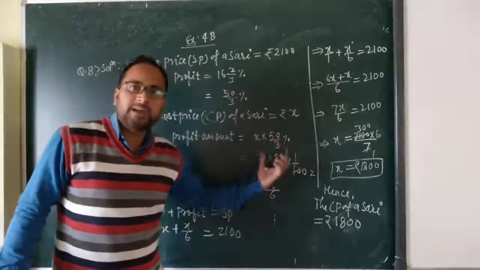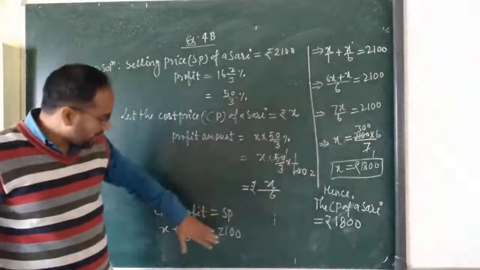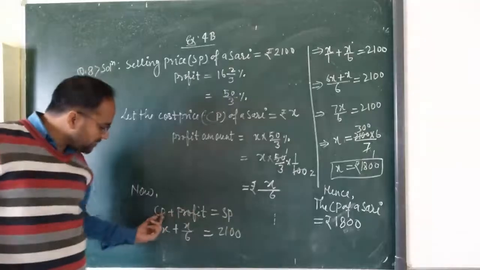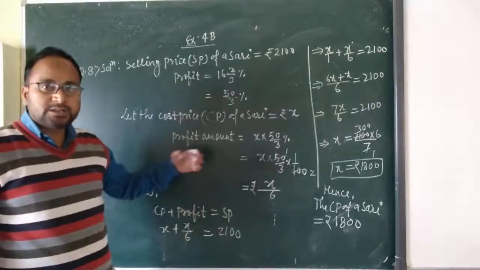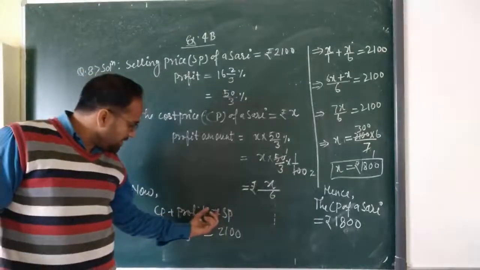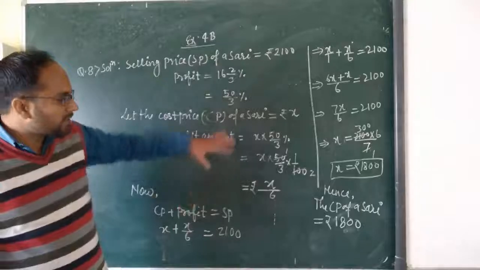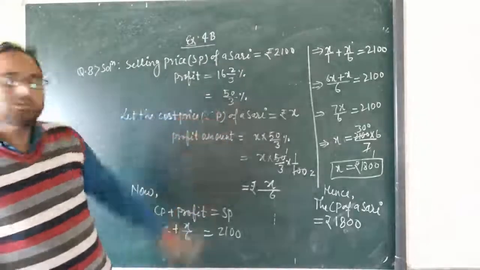You will find that amount, and then you will use that formula. If your SP is given, then you use cost price plus profit, and in case of a loss, you will use CP minus loss is equal to SP. Okay, so if you use this formula you can find the value of the unknown quantity.